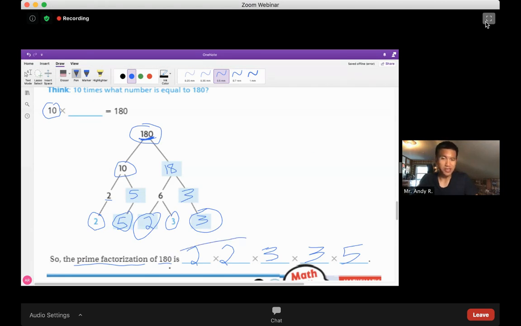So when you're done, you should have your answer written down like this. Because 2 times 2 is 4, times 3 is 12, times 3 is 36, times 5 will make it 180. How many people got that?